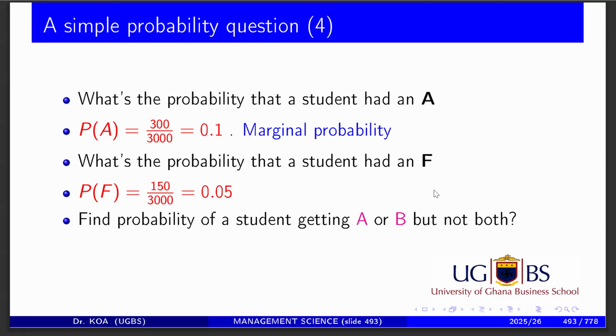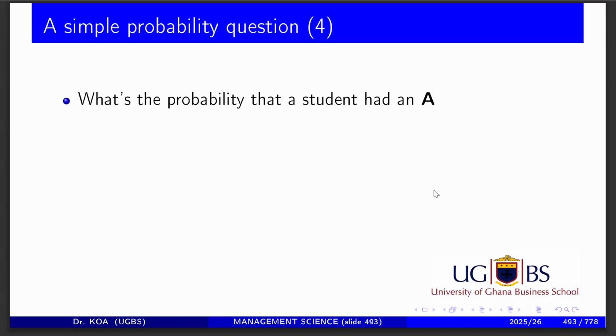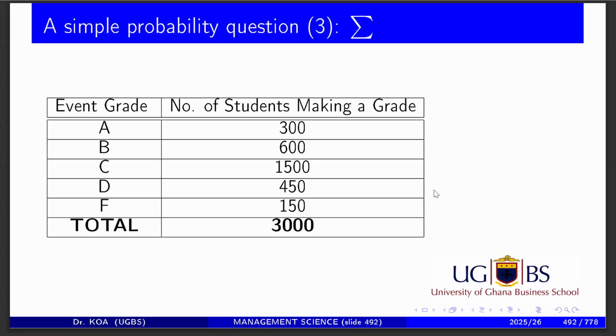What law is it applying for that probability? A or B, but not both. Hey, that one is hard. So it will be (A union B) minus (A intersection B). Very good. So what would that be? A or B, but not both. I think 900 over 3,000.